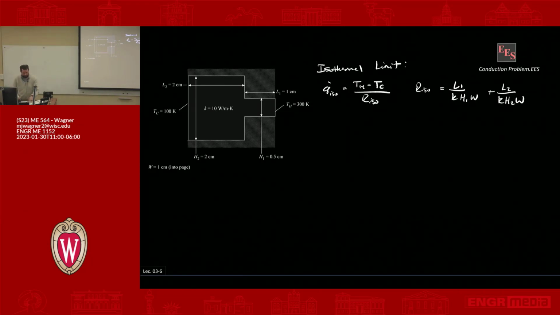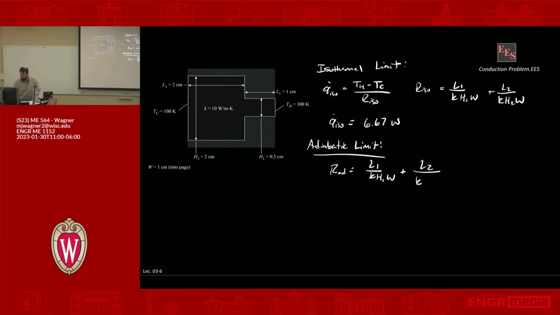All right, if we do the computation, we should see Q dot iso is equal to 6.67 watts. You take my word for that, but you can look at the EES file as well. If we do the adiabatic limit, we have something similar, except our R adiabatic is equal to L1 over K H1 W plus L2 over K, what?